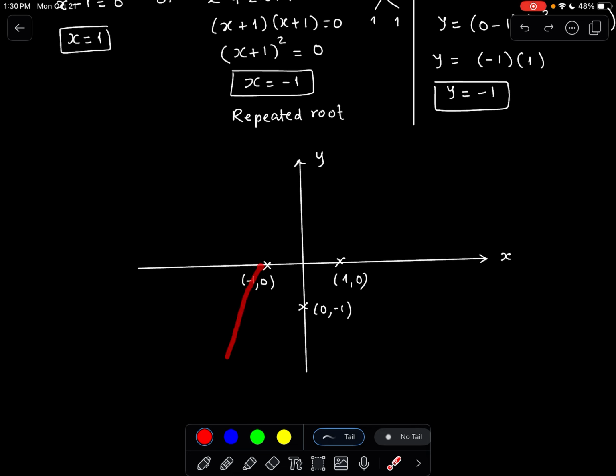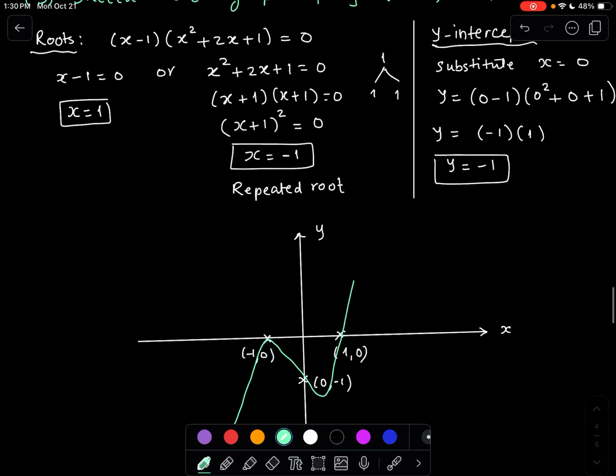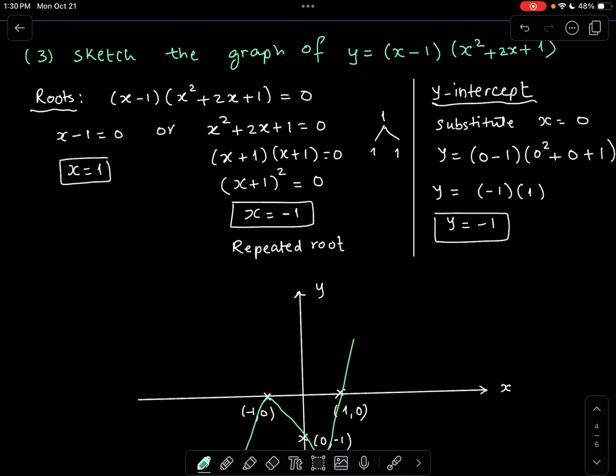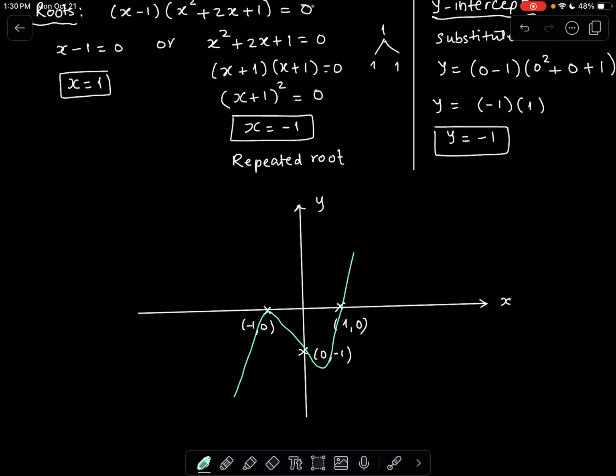So what I'm thinking is the graph should touch at the repeated root, pass through the intercept, and then go ahead like that. Once you have identified how the graph looks like, go ahead and sketch it. Like that. Oops. So that's the graph of y equal to x minus 1 times x plus 1 squared.